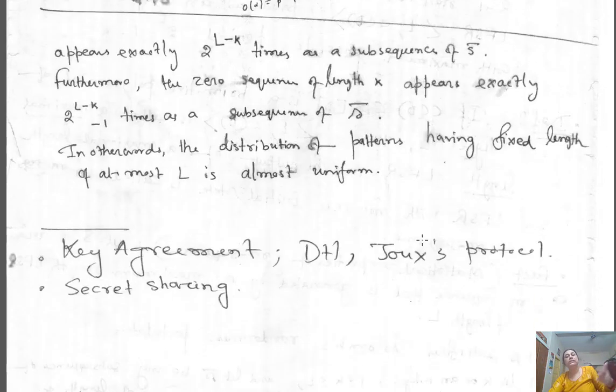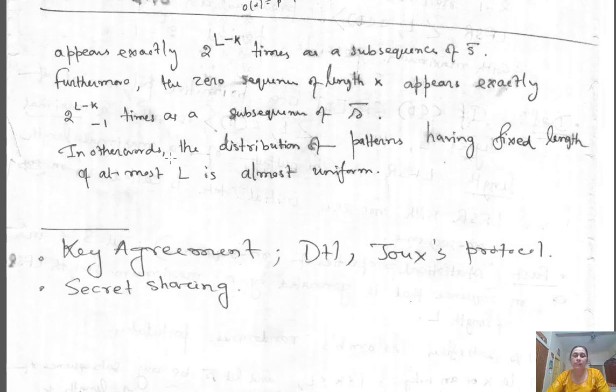When we discuss the statistical properties of pseudo-random functions, we will come to this. These are some tests that are very much essential for a sequence to be a pseudo-random sequence. Furthermore, the zero sequence of length k appears exactly 2 to the power L minus k minus 1 times as a subsequence of S bar.